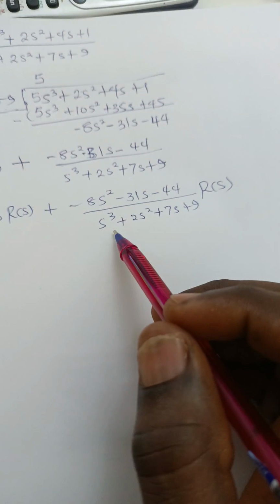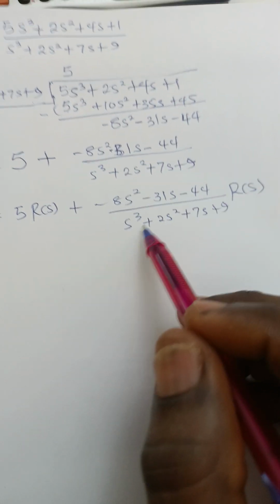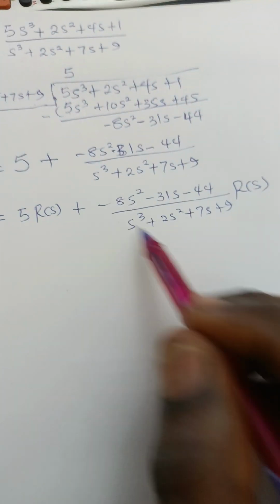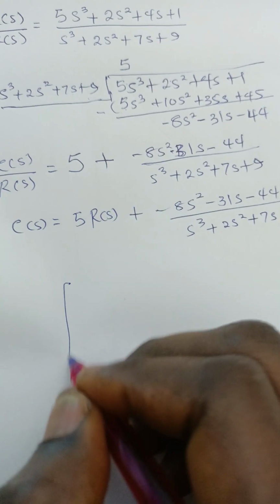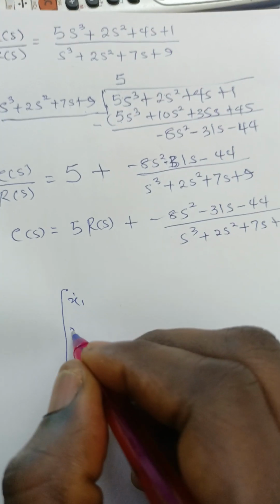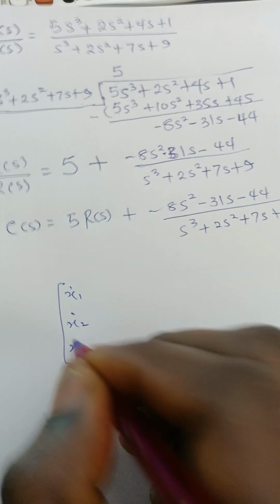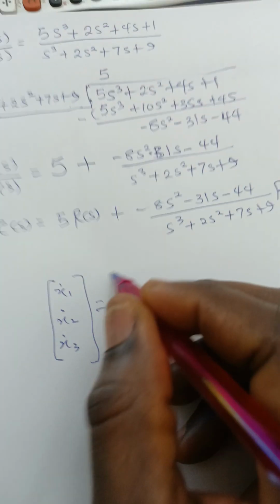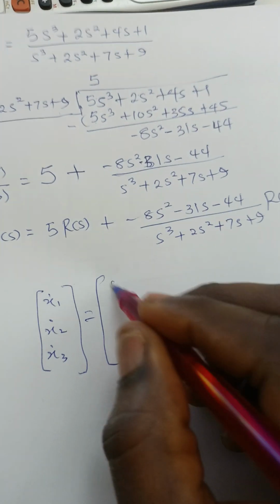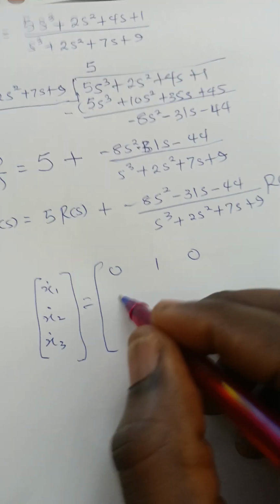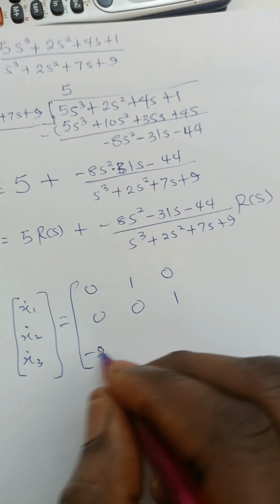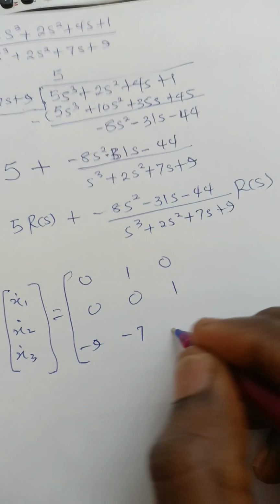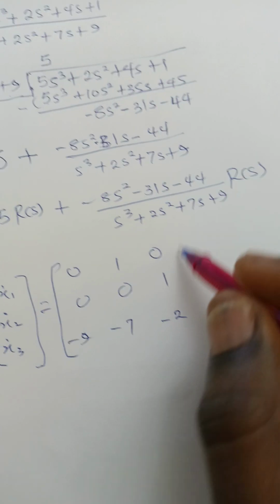So we know that this is having s cubed there. So our state space representation will be x1 dot, x2 dot, x3 dot. So that's going to be 0 1 0, 0 0 1, right? Then this is going to be minus 9, minus 7, minus 2, right?